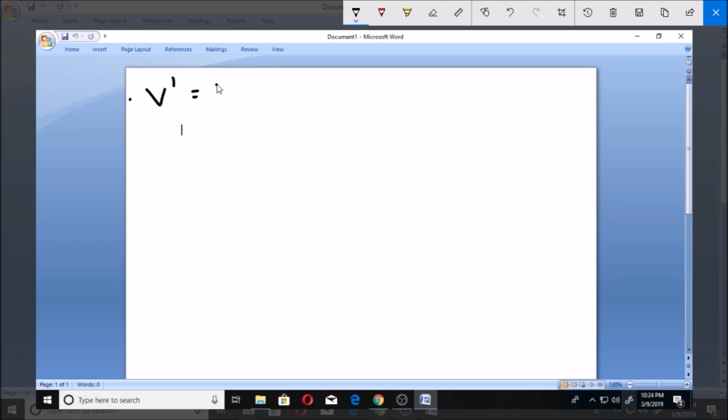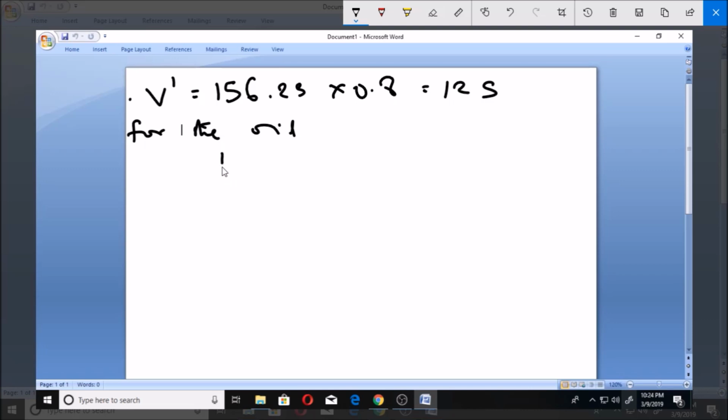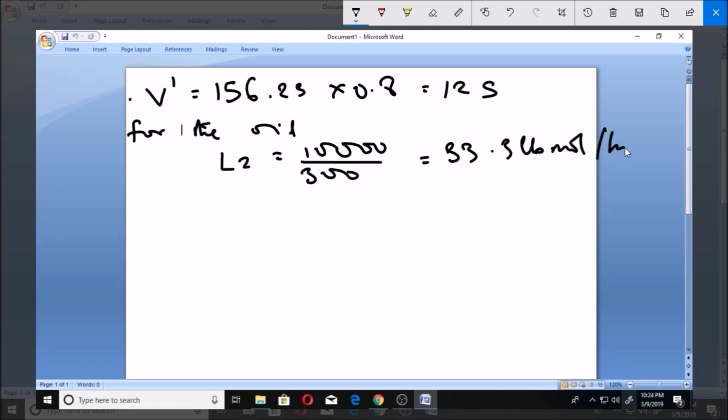V prime is 156.25 times 0.8, which is equal to 125. Now for the oil, L2 is equal to 10,000, the liquid rate, over 300, which is 33.3 pound moles per hour feet squared, and X0 is equal to 0.